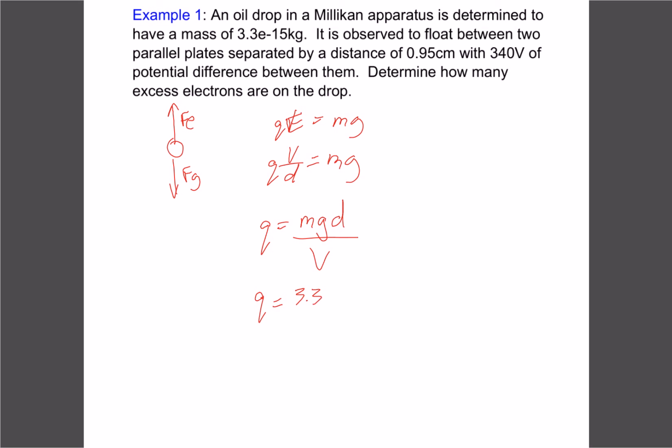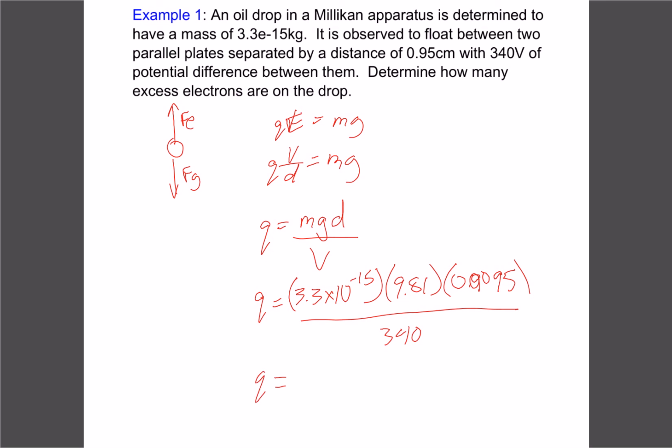So our mass times gravity times the distance between the plates, 0.095 centimeters, which is 0.0095, and divide that by our voltage of 340, we get a charge of 9.05 times 10 to the negative 19 coulombs.